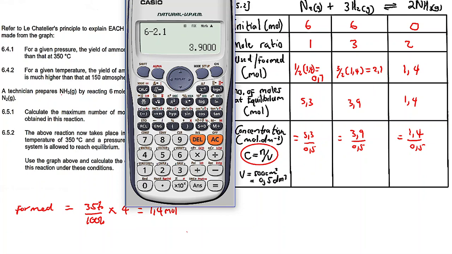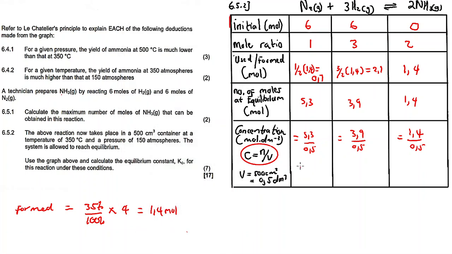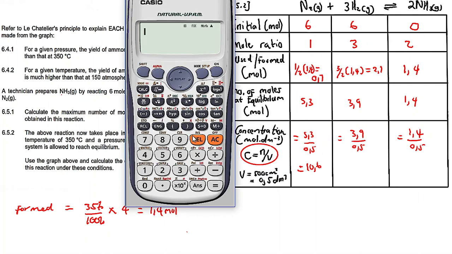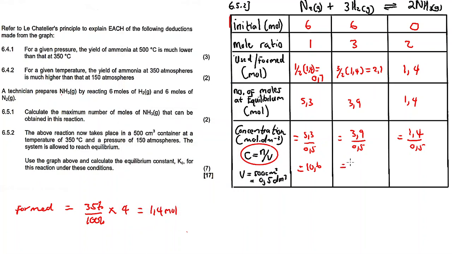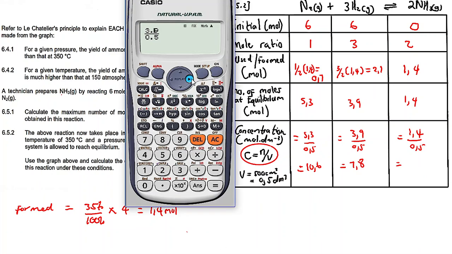Now let's calculate. 5,3 divided by 0,5 is equal to 10,6. 3,9 divided by 0,5 is 7,8. And 1,4 divided by 0,5 is 2,8.